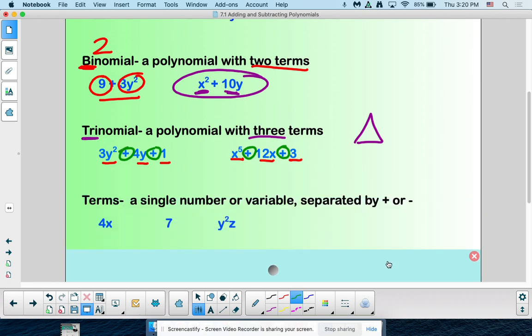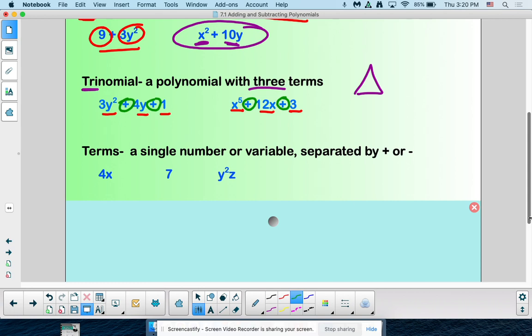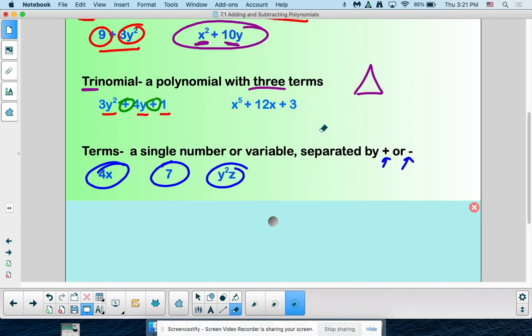Now, a term, which probably should have been said before all of this, is a single number or variable separated by that plus and minus. But we've already seen that. So this is a term, this is a term, this is a term. Going back to this example up here, there are 3 terms, separated by that plus or minus.